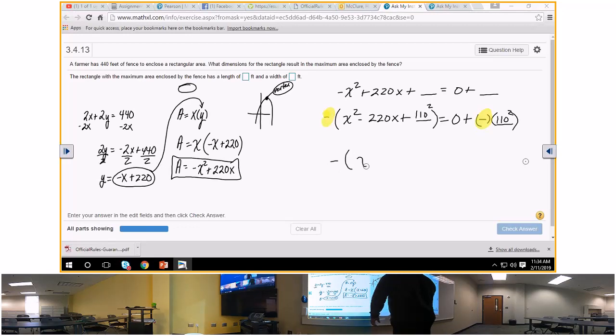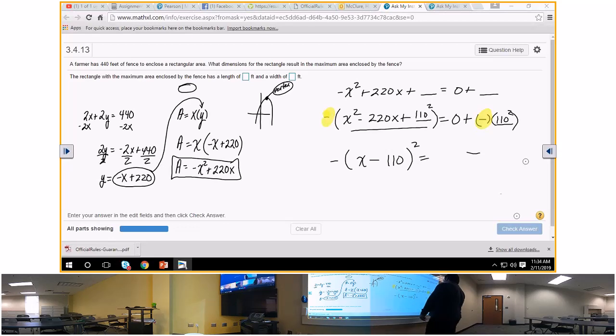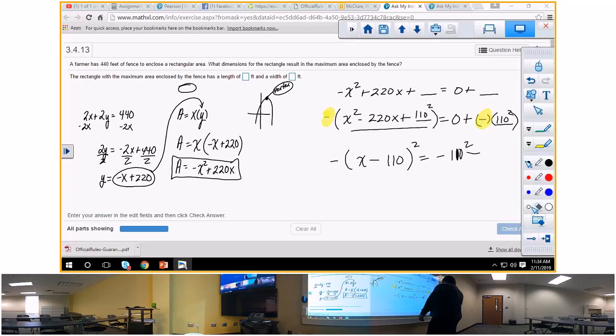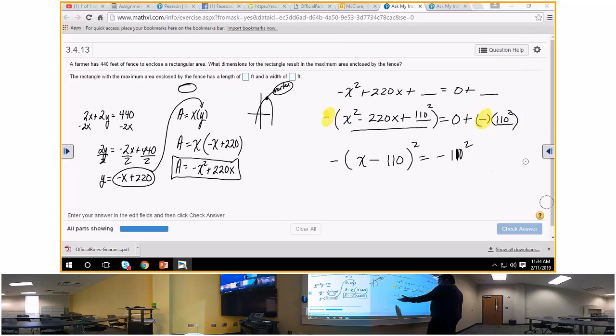And then x, this is shortcut number 2, x minus 110 quantity squared is equal to negative 110 squared, and that's the 110 squared, not the negative. Because you're going to divide by a negative, that would make it negative and you wouldn't have any x-intercepts.